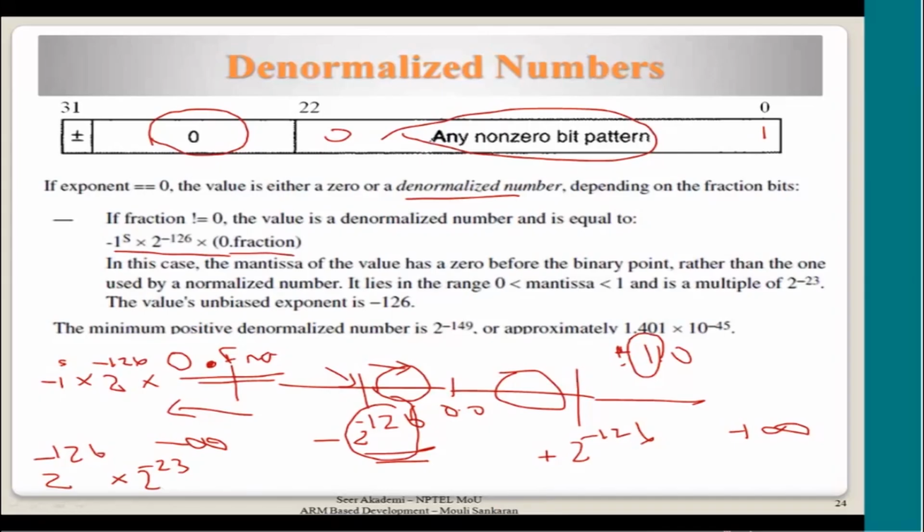Then you can go up to 2 power minus 23, which is nothing but minus 149. You add up these two, you get this. So this is the minimum positive denormalized number. And what is the minimum negative denormalized number? Minus this, correct? It is the same on both sides, right?